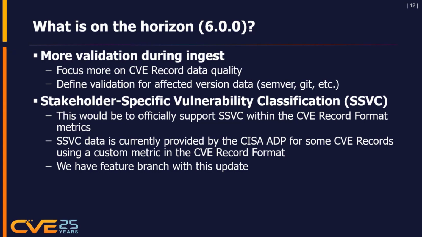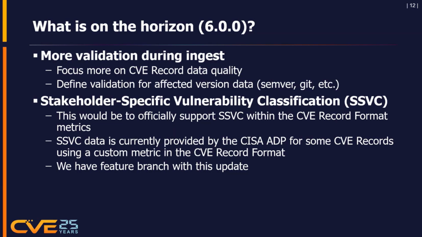So feel free. Last, there is a feature branch, and VJ covered this yesterday as well, for stakeholder-specific vulnerability categorization data. This is something that I think, VJ, you just recently updated as well. So we probably don't need to cover tons of detail on it, but I know that this is something that will also go into the next version of the record format as far as official support.